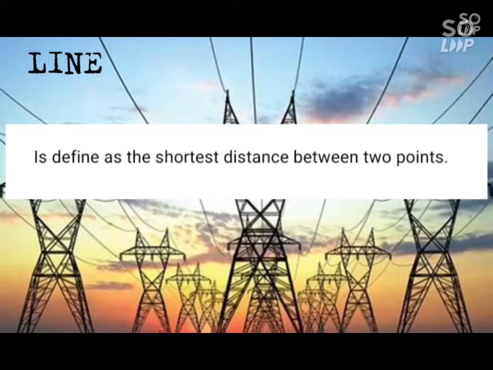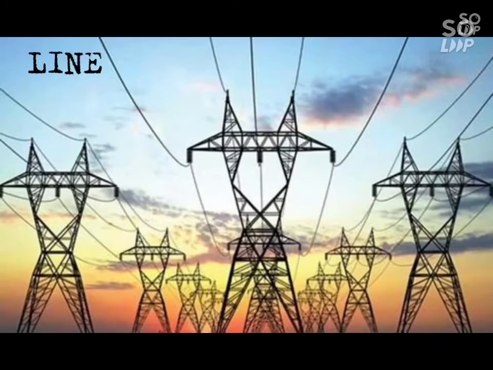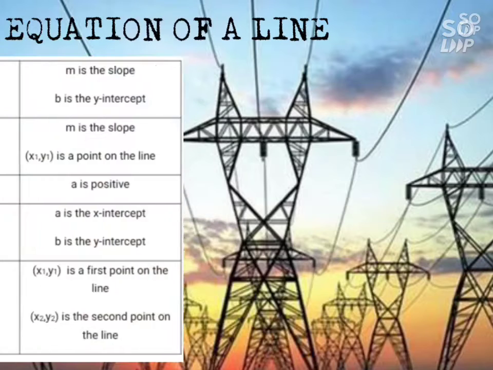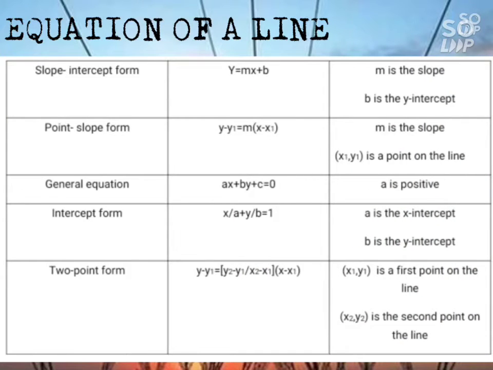Line is defined as the shortest distance between 2 points. Slope intercept form equation is y equals mx plus b, where y is y coordinate and m is the slope, x is the x coordinate, and b is y intercept.